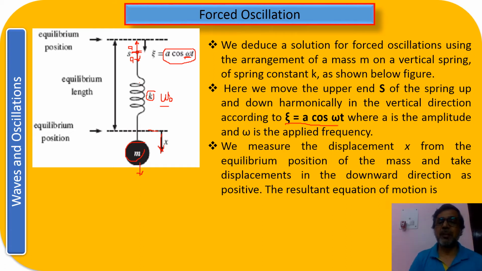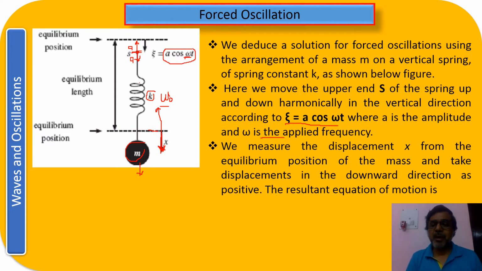For simplicity we have taken the phase as 0, where A is the amplitude and omega is the applied frequency, so the external frequency that we have applied is your omega. We measure the displacement x from the equilibrium position of the mass and take displacement in the downward direction as positive. So if you take the downward direction, then this displacement will be taken as positive. If you take the upward direction, then that displacement will be taken as negative.